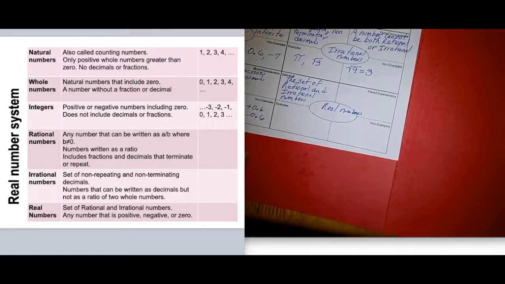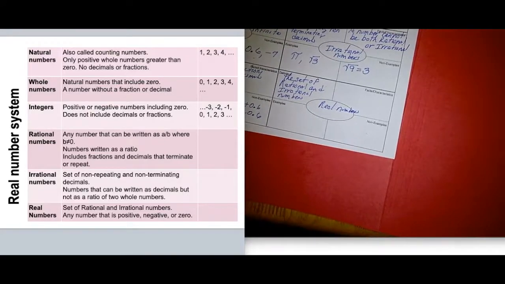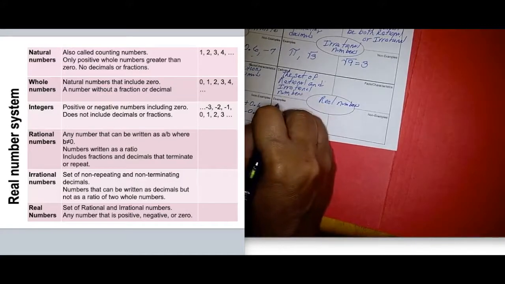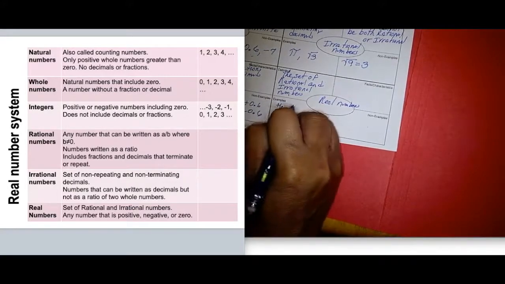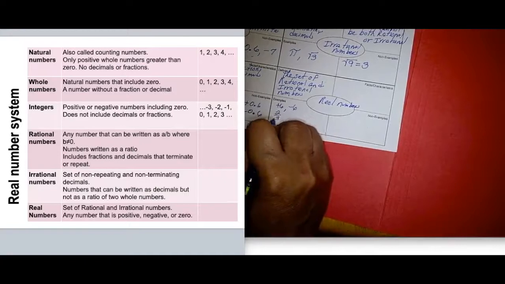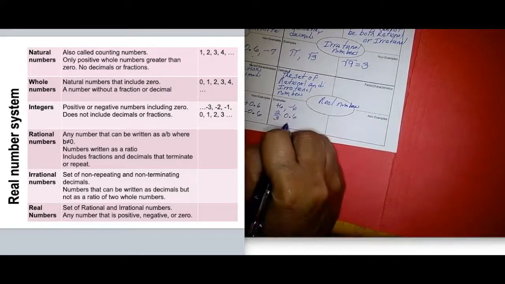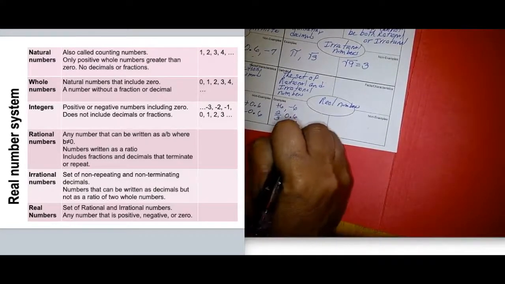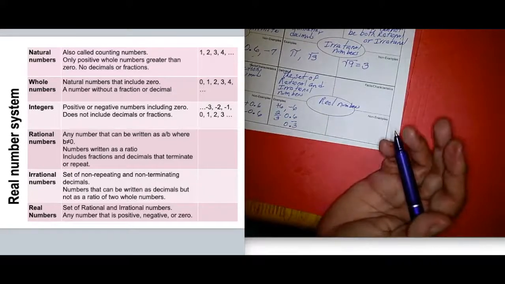Okay. If I wanted to write some examples, it would include positive numbers, negative numbers, fractions, decimals, repeating decimals, percents, everything.